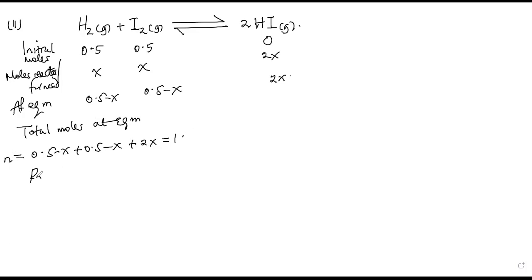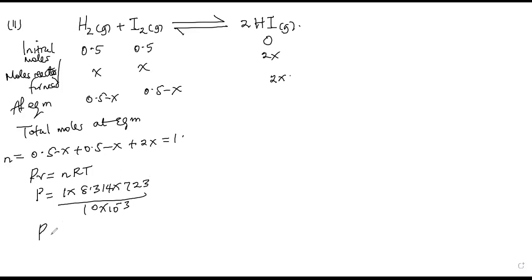Remember, our PV is equal to nRT. So P is going to be equal to n, which is 1, times R, 8.314, times T, which we had converted into 723 kelvins, and we shall divide by volume, which is 10 times 10 to the power -3.